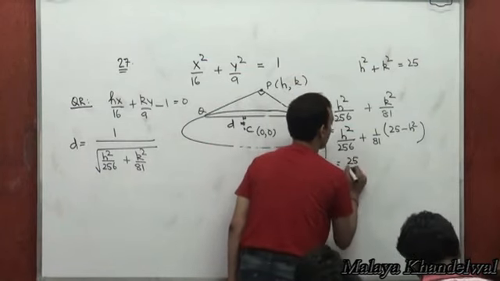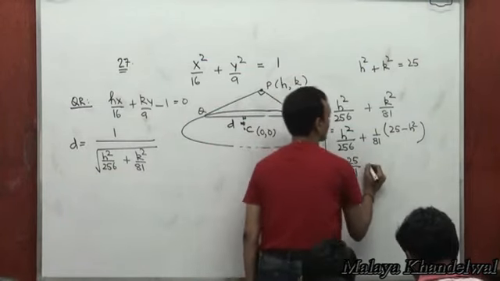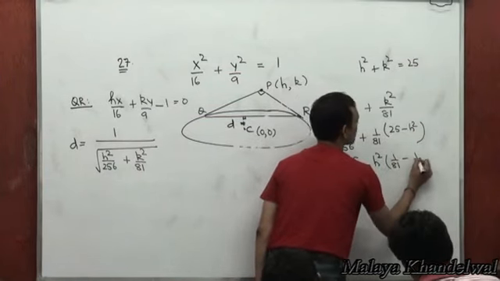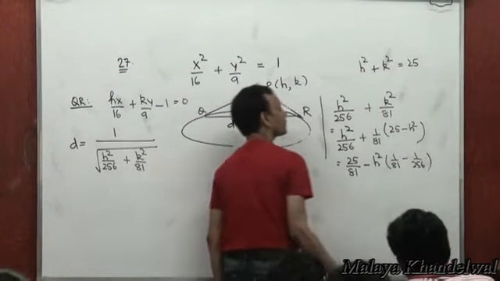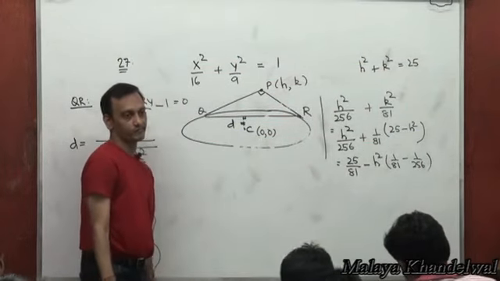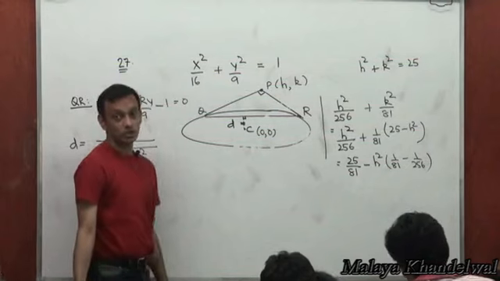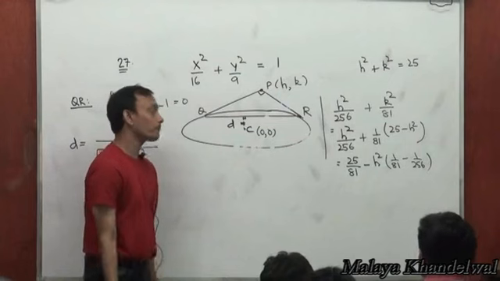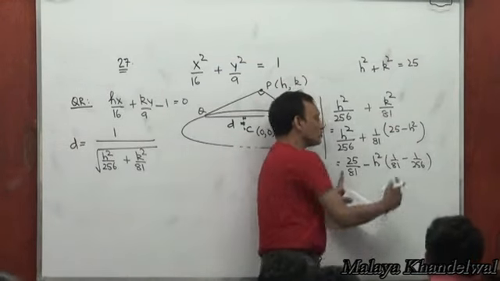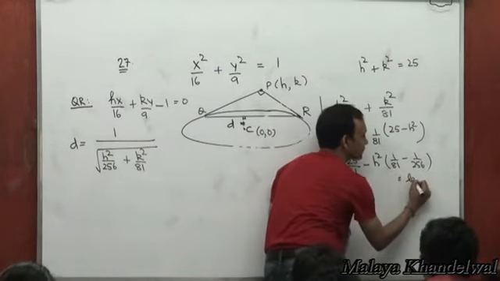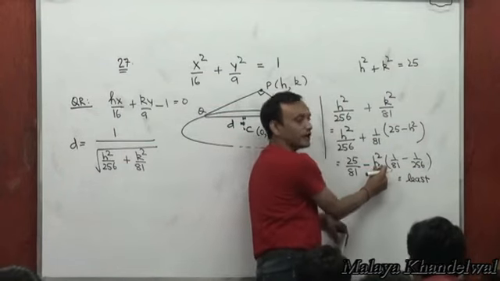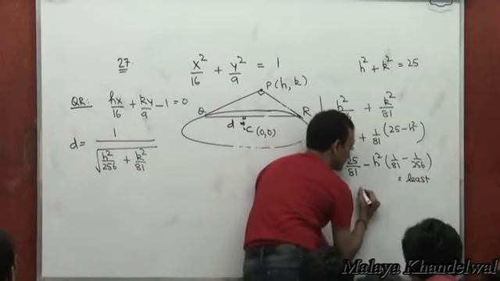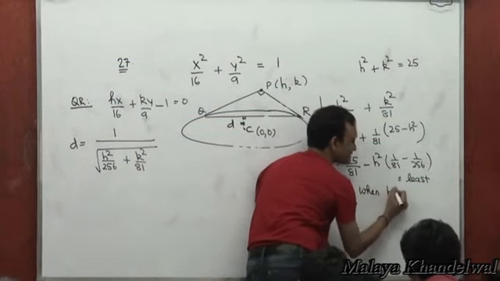This is 25 by 81 minus h squared into (1 by 81 minus 1 by 256). Now this will be the least if h squared is the maximum it could be.